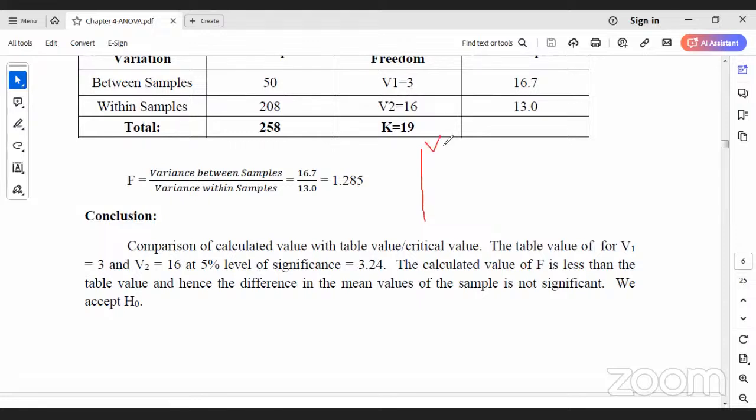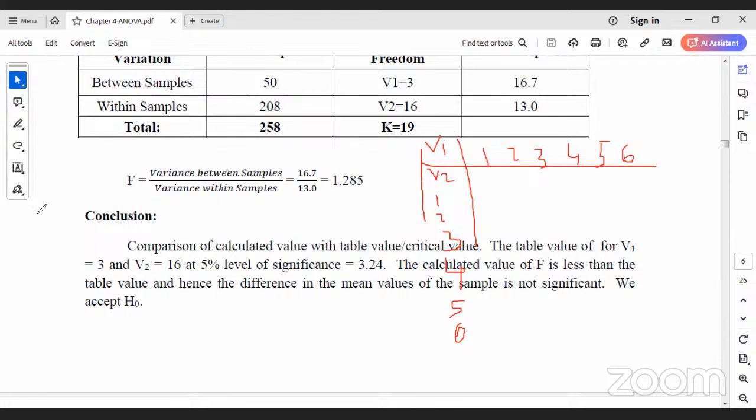These are the V1 values and the V2 values will be there, 1, 2, 3, 4, 5, 6. Then 1, 2, 3, 4, 5, 6. Like this, the ANOVA table values are there.